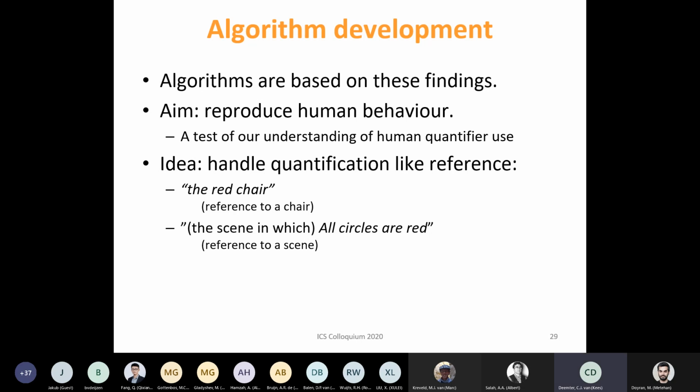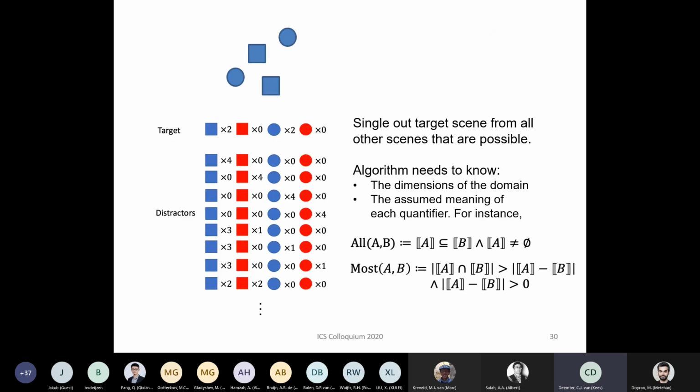Now, let me sketch very broadly how the algorithms that we looked at work. So suppose the target is as depicted at the top. That can be summarized as there are 2 blue squares, 0 red squares, 2 blue circles, 0 red circles, right?